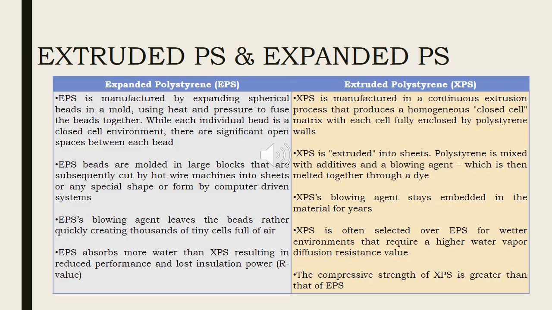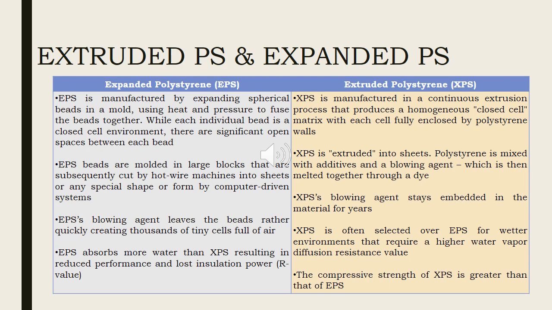To most people, extruded polystyrene looks similar to expanded one. But it is not the case. Both are different in processing techniques as well as in morphology. Expanded polystyrene uses beads already treated with foaming agents.